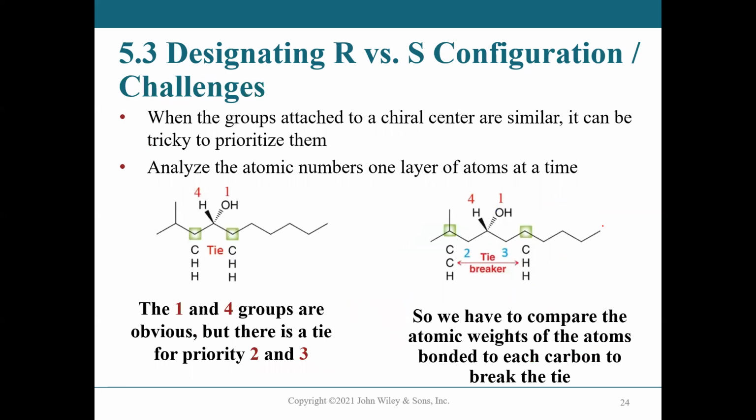It says when the groups are attached to a chiral center or similar, it can be tricky to prioritize them. So you have to analyze atomic numbers one layer of atoms at a time. That means you just go to the next one out. Here they say when we have a tie because there's 2 CH2 groups here, you keep going out. Here's a CH2. At the next one out, you have a CH group attached to 2 different things. So that's a tiebreaker. So in this case, who's going to win? Even though there's more stuff and more molecular weight, the tiebreaker is going to go here because there are 2 carbons right here, right?